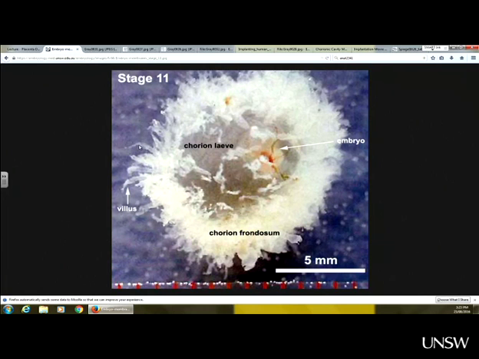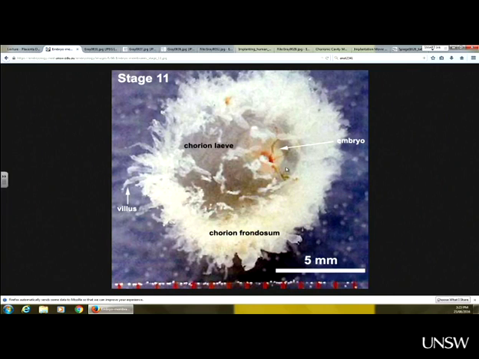So you can see individual villi extending off the surface of the chorionic sac. So the chorionic sac is intact, and the embryo is inside it, and you can make out the blood vessels coming out through the cord and spreading out. There's a 5mm scale bar, so it's only about 8 to 10 millimetres across at this stage in week 4.